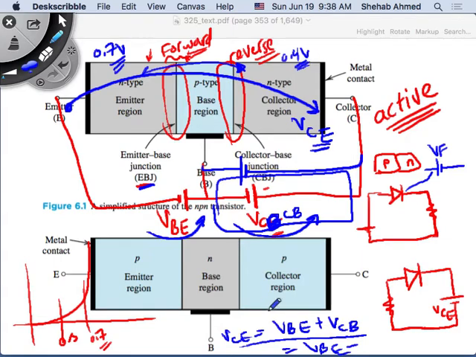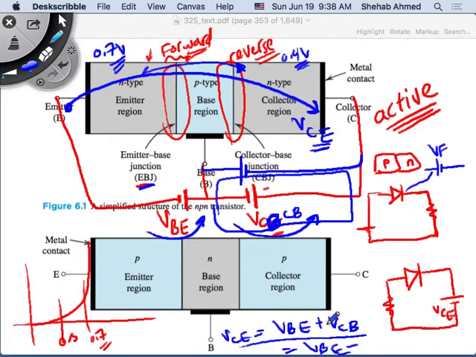This number is about 0.4, and the forward voltage for the emitter base junction is about 0.7. It will be forward biased, and the forward voltage opposing the current flow is about 0.7. Here, if it's forward biased, the voltage that opposes the current flow is about 0.4.